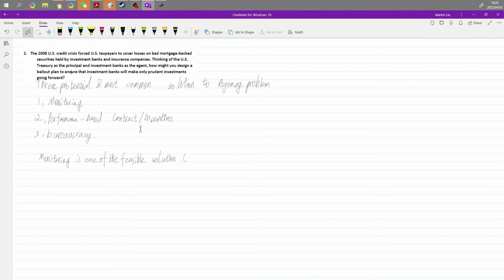These are the two examples we can give about monitoring, as it provides more information.